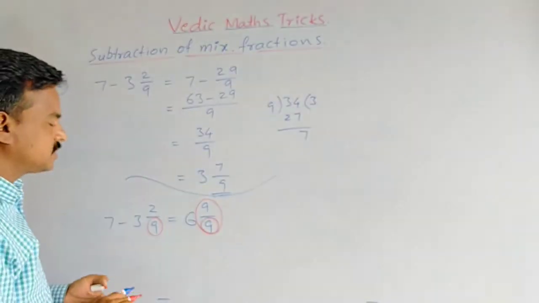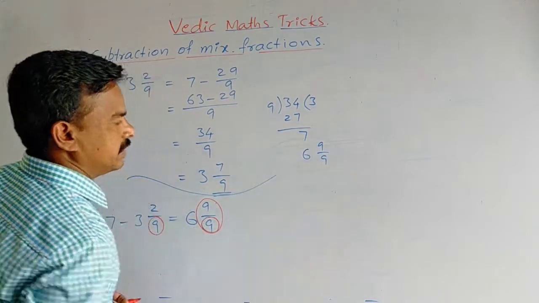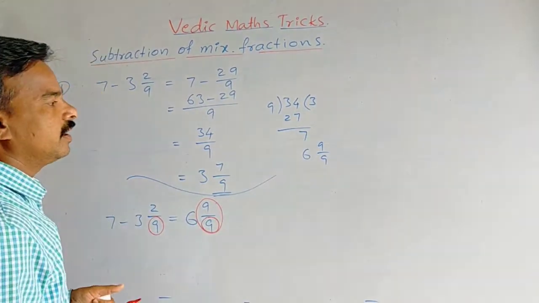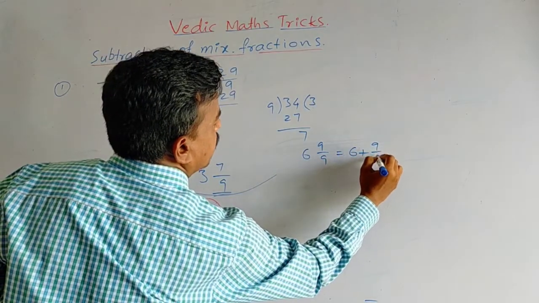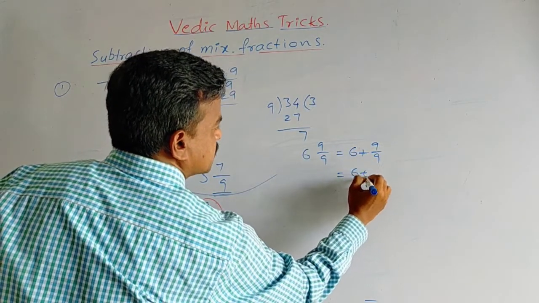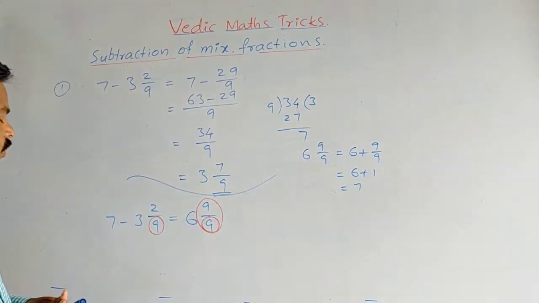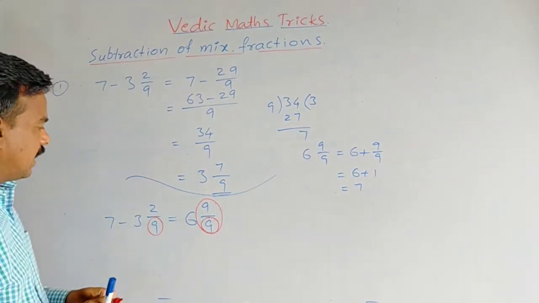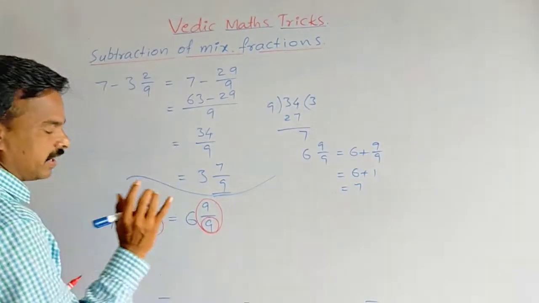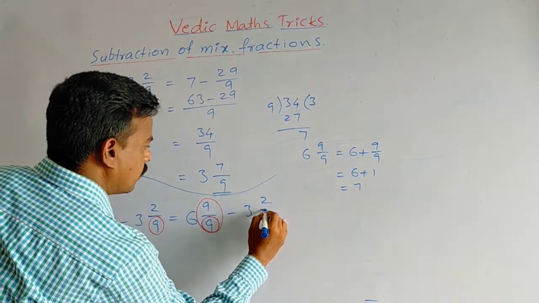That means 6 whole 9 by 9 is equal to 6 plus 9 by 9, which is 6 plus 1, and it is 7. So we can write 7 as 6 whole 9 by 9, and next minus 3 whole 2 by 9.